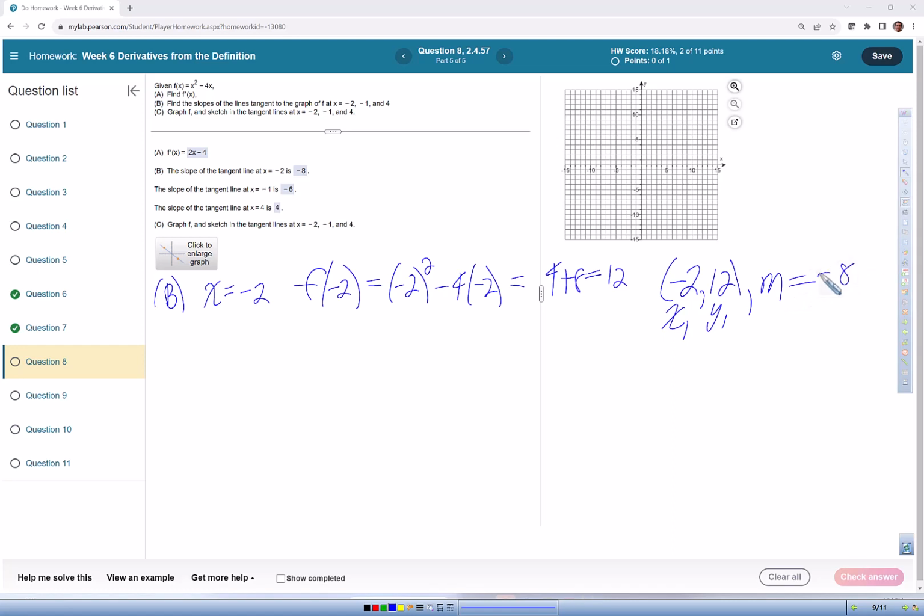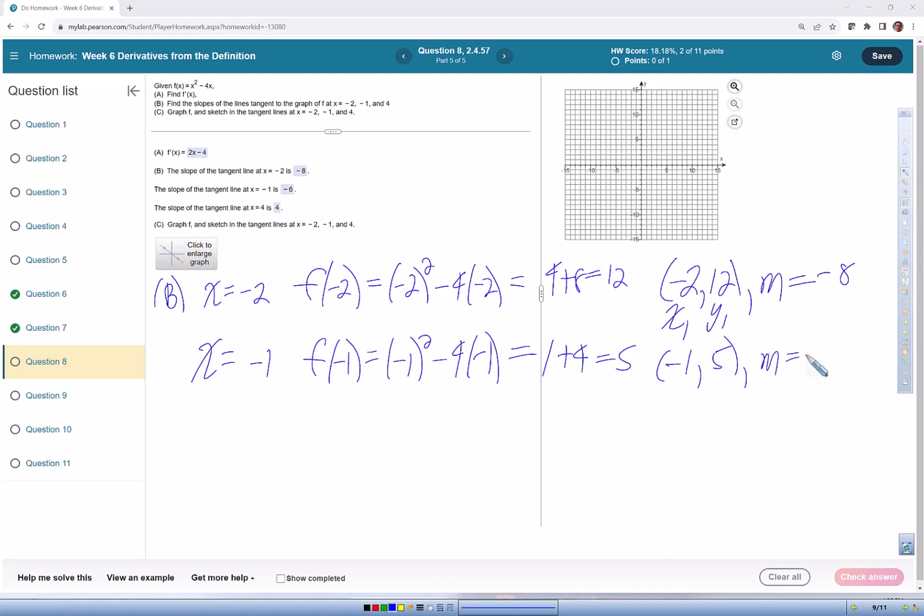-8. So then for x equals -1, f at -1 is -1 squared minus 4 times -1. It's going to be 1 plus 4, which is 5. So I'll get -1, 5. M equals -6, x1, y1, and then at x equals 4.